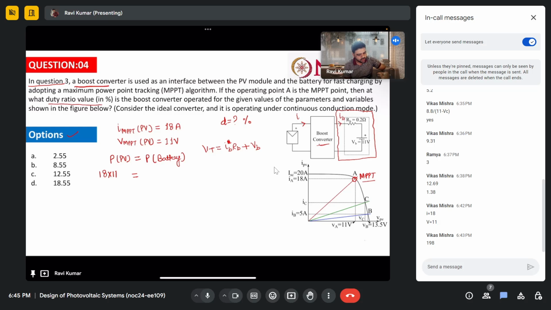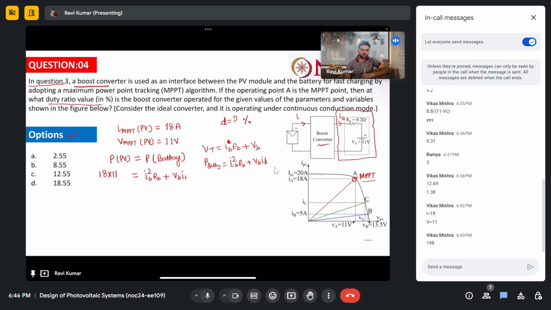In case of power, the power towards the battery side will be equal to IB square RB plus VB into IB. So I'm just putting this here: IB square RB plus VB IB.